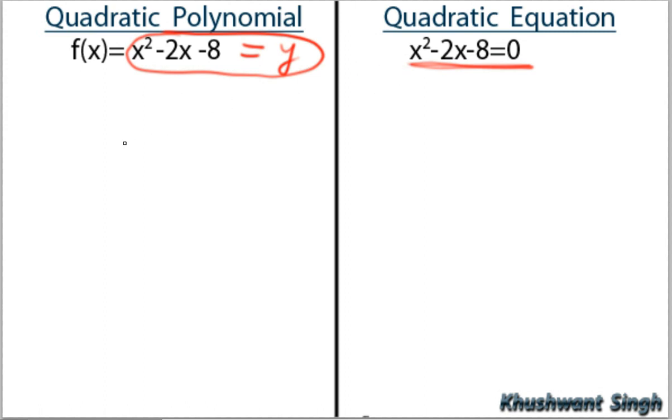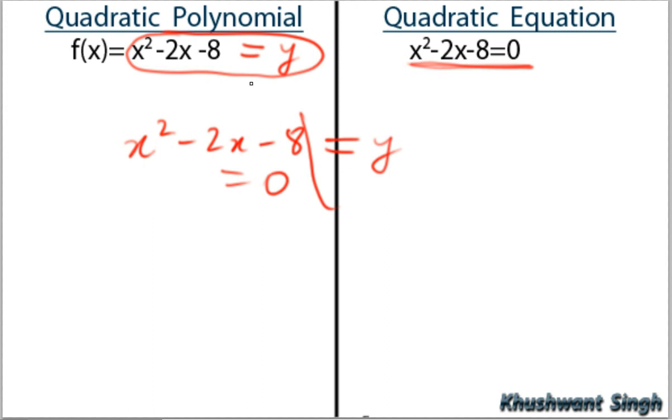So the thing is the same, x square minus 2x minus 8. In both of these one term is the same. If we equate it to y it becomes a polynomial, and if we equate this to 0 it becomes an equation. As simple as that.